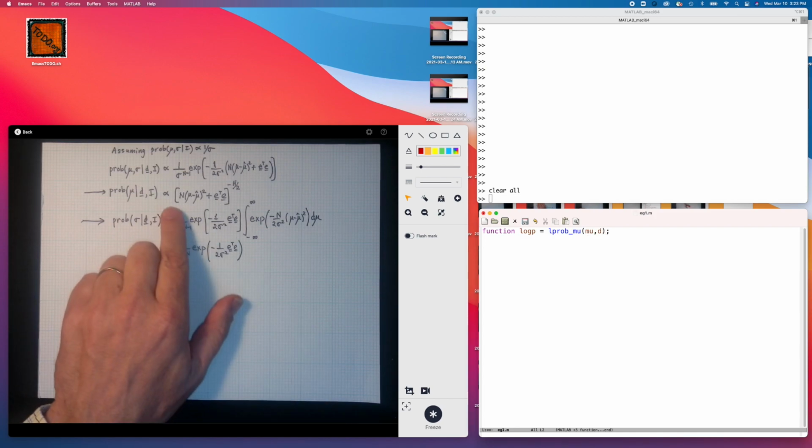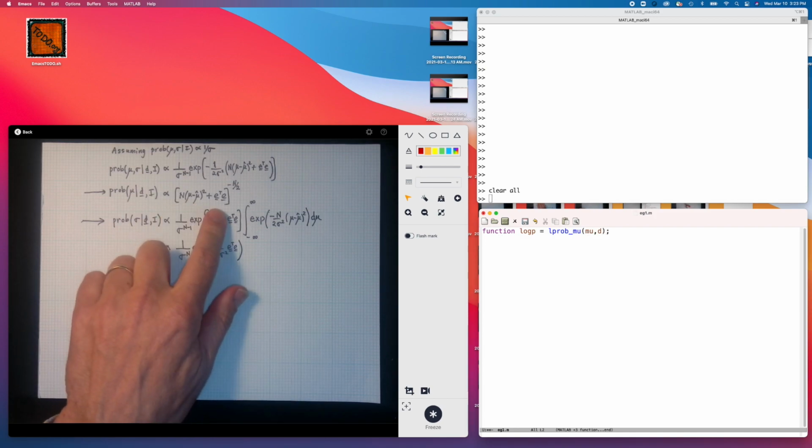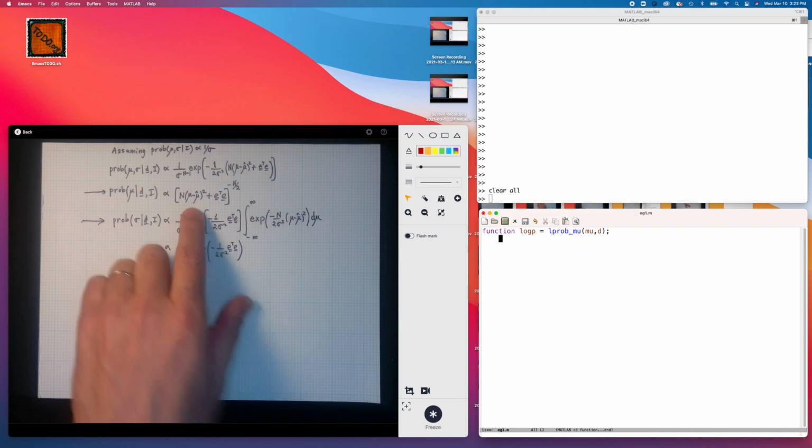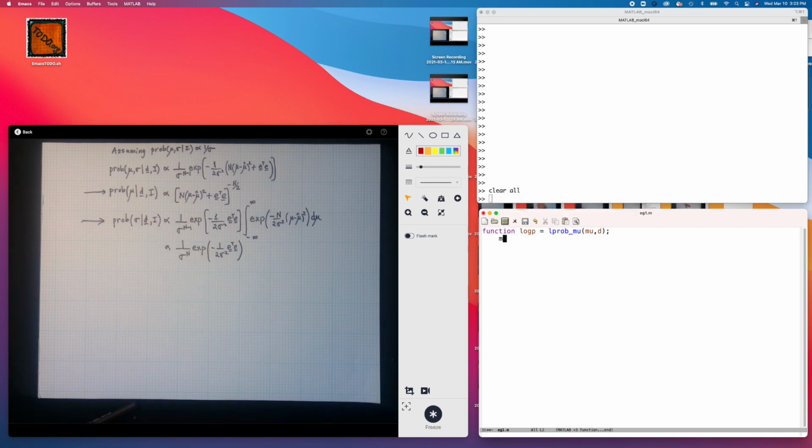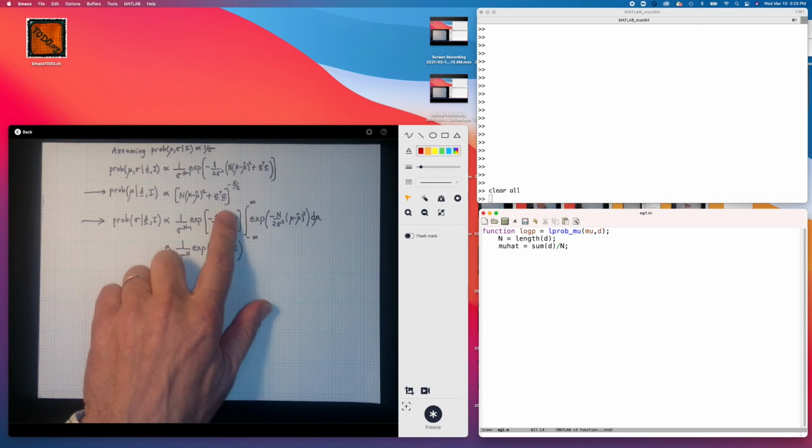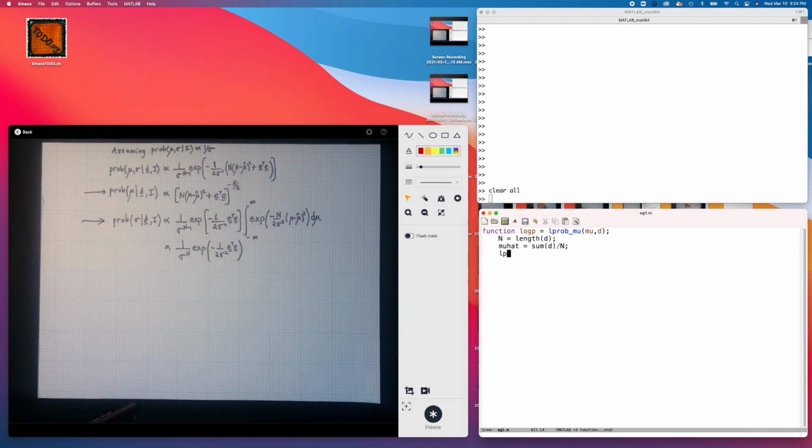And so we want to implement this expression. So the first thing is we need to know what mu hat is. That's simple. Mu hat is equal to the sum of t divided by n, where n is the length of the data set. And then I can evaluate the expression over here.